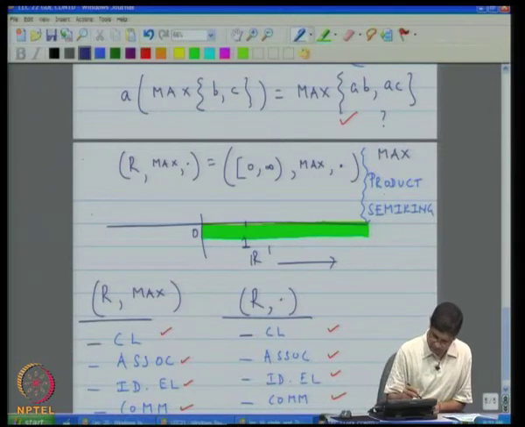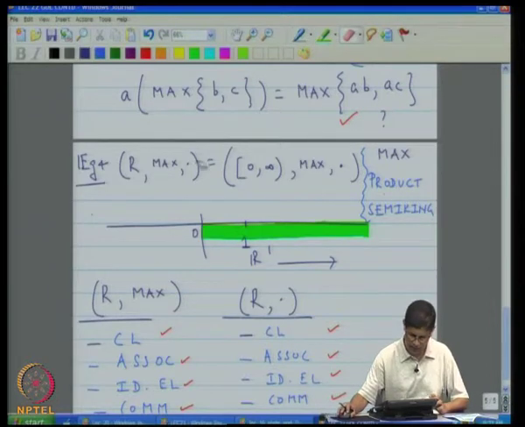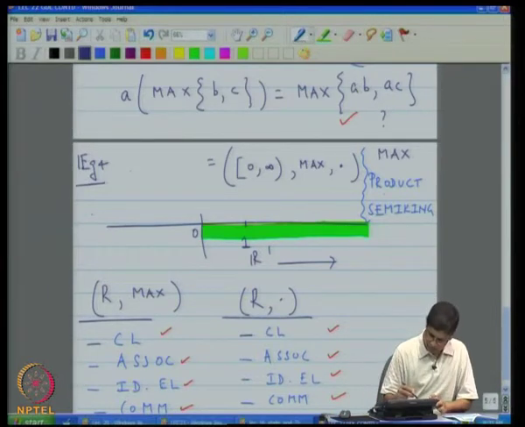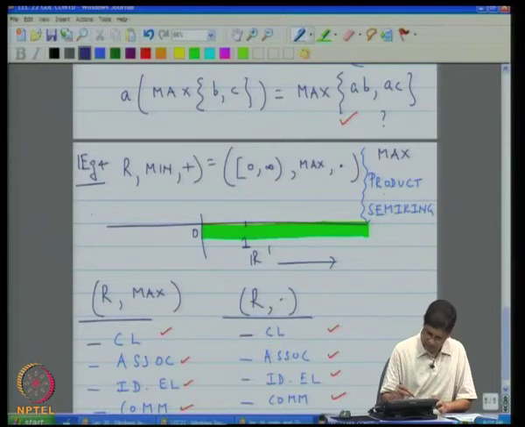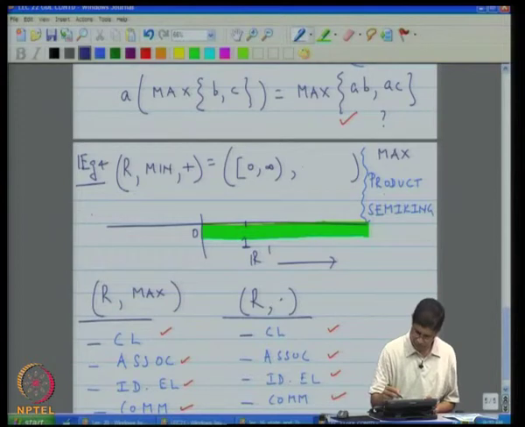So, this then is our example 4, and here the operations are: you are going to work with R, the min and the plus, so this is R min plus.